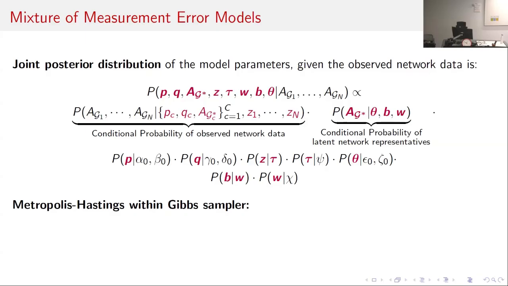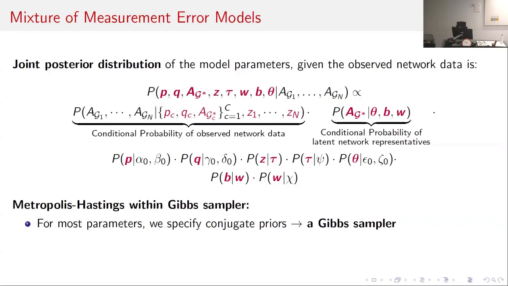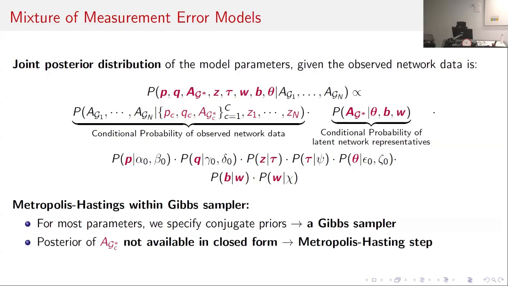And for the rest of the parameters, we specify priors, and we use a Metropolis-Hastings within Gibbs sampler. Specifically, I don't go into details, but for most of the parameters we specify conjugate priors, and we have a Gibbs step for updating them. But the posterior distribution of the G star network is not available in closed form, and we use a Metropolis-Hastings step to update this.